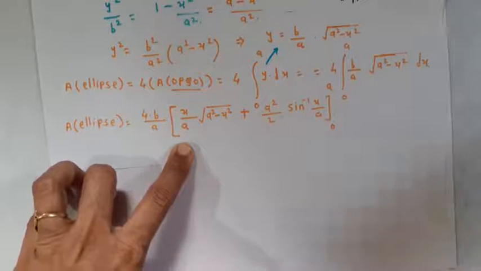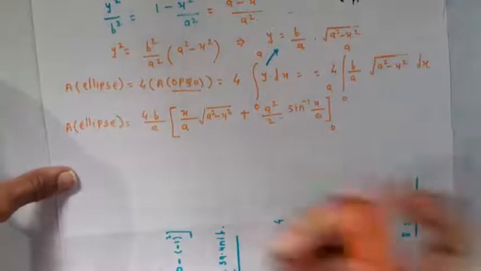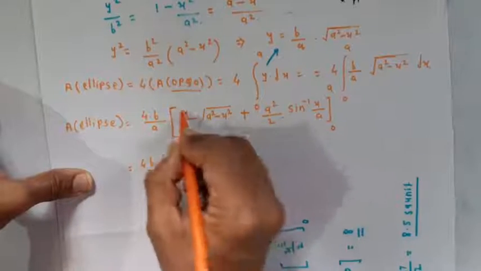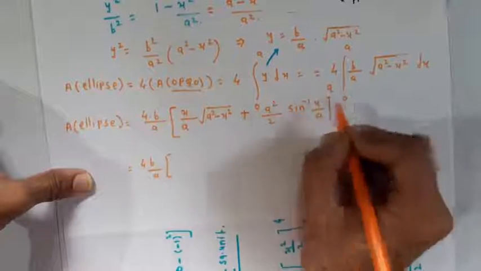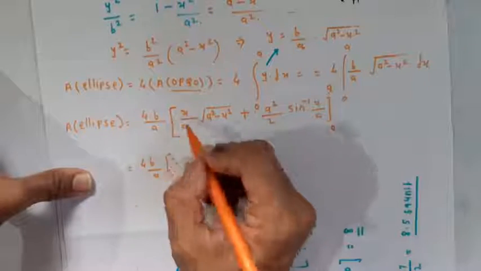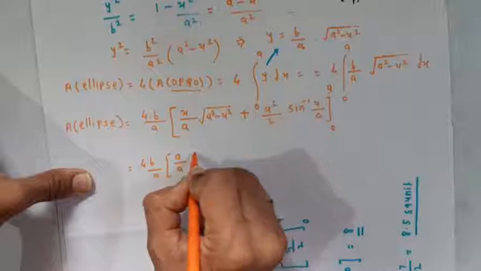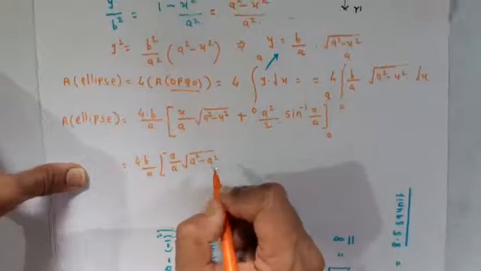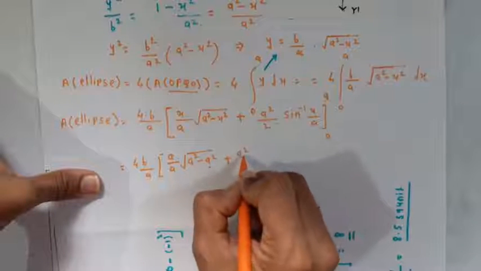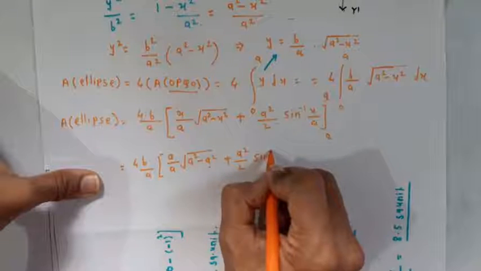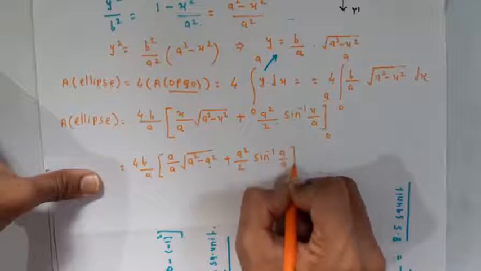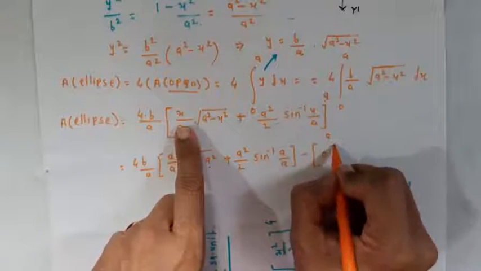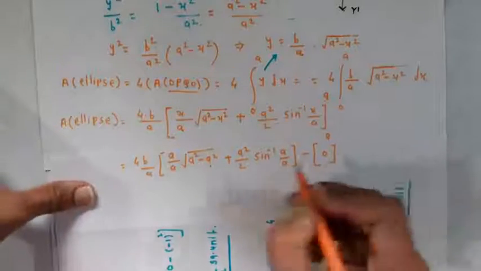This equals 4b upon a times: for the upper limit x equal to a, a upon 2 square root of a square minus a square plus a square upon 2 sine inverse of a upon a, minus the lower limit, put x equal to 0, which will be 0.